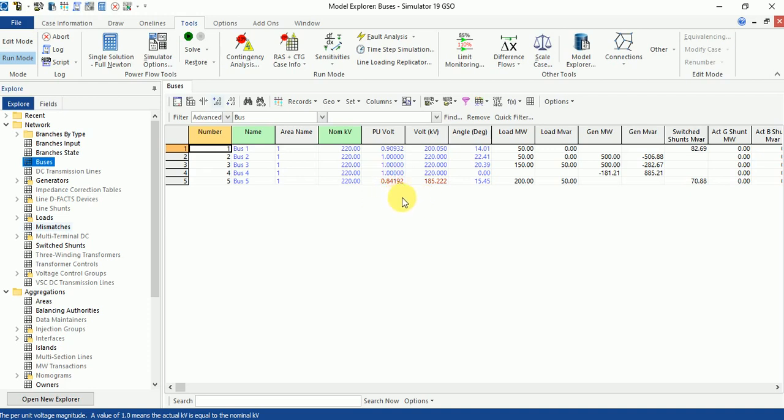So we must either increase the value of the capacitance that we have already installed at this bus bar, or install another capacitor at this bus bar. So let's install another capacitor of 100 megawatts at this bus bar.